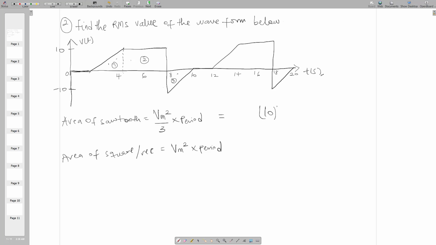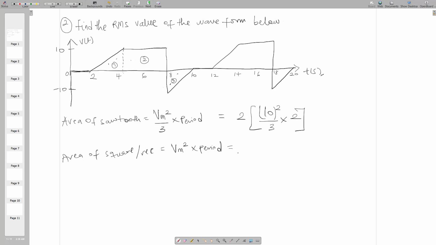That is 10 squared over 3 times the period of the sawtooth. Here it was 2, so the difference from 2 to 4 is 2. But let's take note that there are two sawtooth in this cycle, 1 here and 1 here, so you should multiply the whole of this by 2.